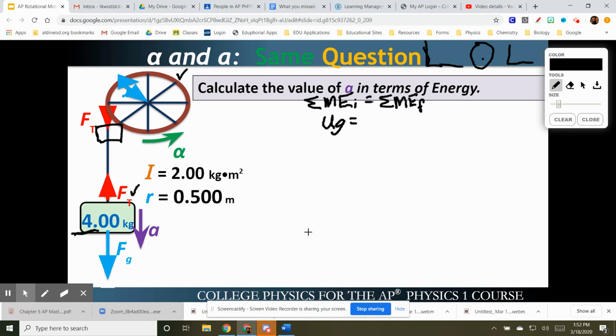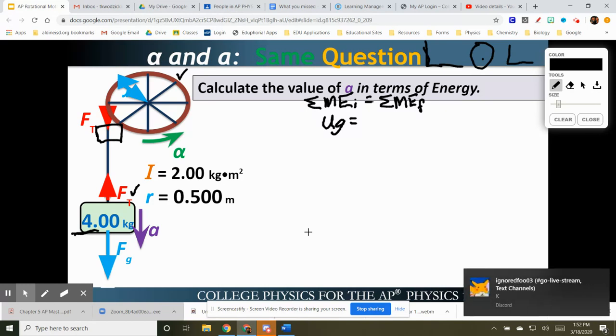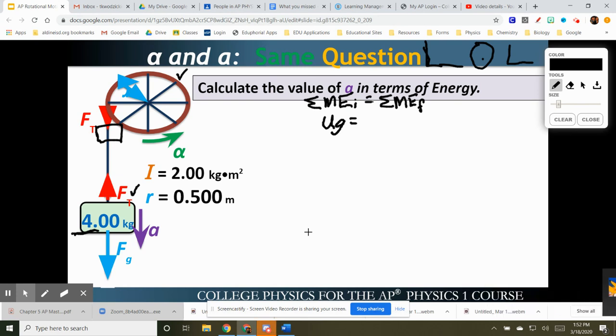I hope you can imagine this scenario of a wheel and a block attached to it, and what would happen if you release the block. Be specific, what type of K?